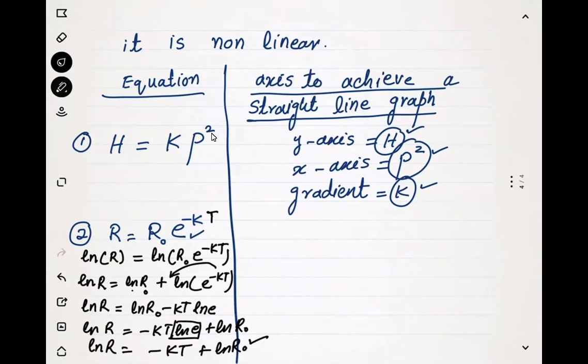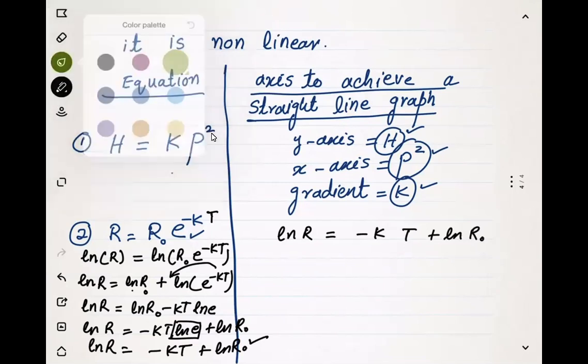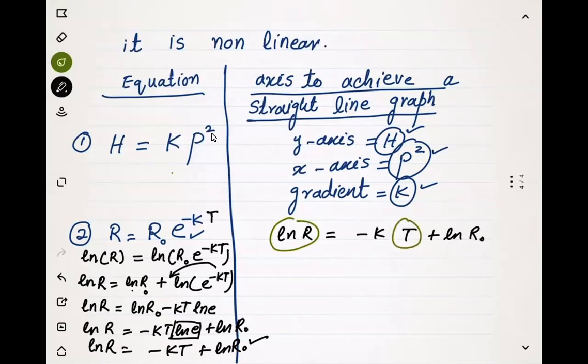So this is basically the equation. For a straight line graph, if this is the equation, ln R is equal to minus k times T plus ln R naught. If we circle the dependent and independent variable, ln R is the dependent variable and T is the independent variable.